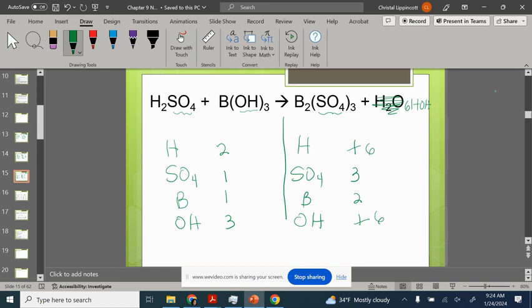And then my sulfates, I need 3 of those. So by putting a 3 there, that's going to give me 3 sulfates, and it's going to give me 6 of those, which is good. That's what I needed. And then my borons, I need 2 of those. So I'm going to put a 2 there, and that's going to give me 6 of these. There we go. That's how you get it balanced.